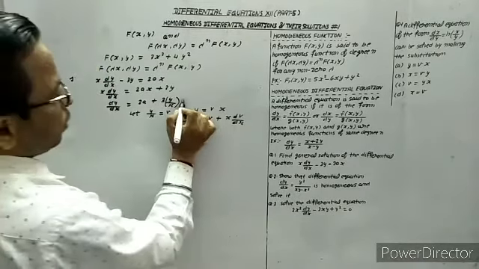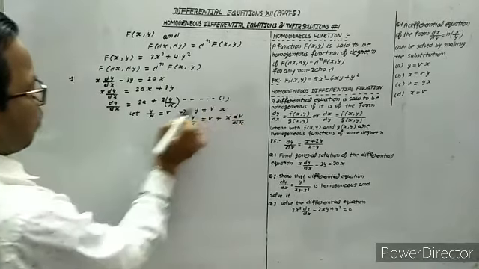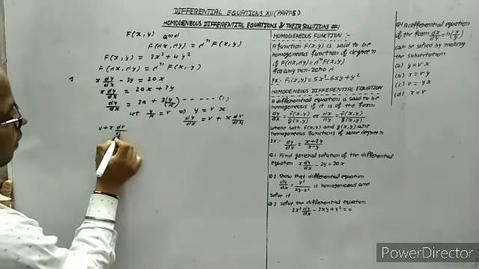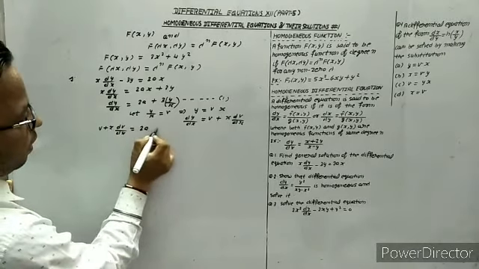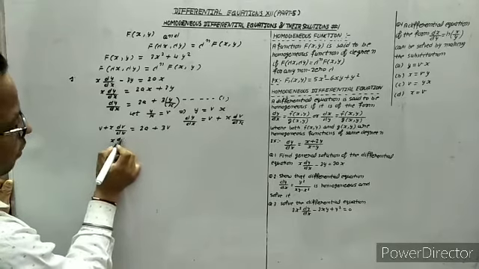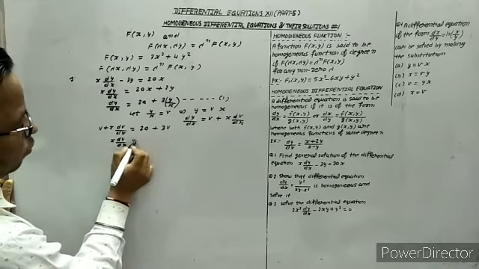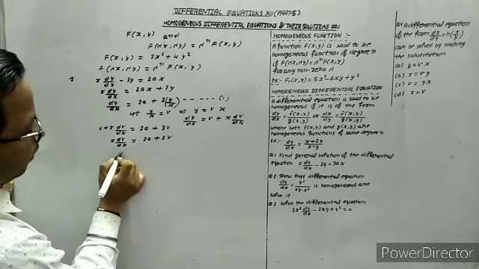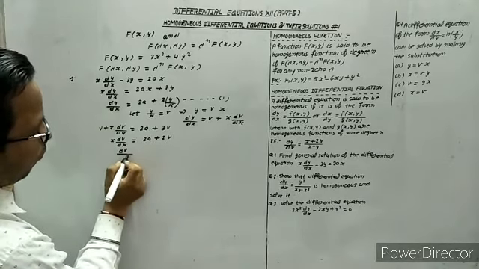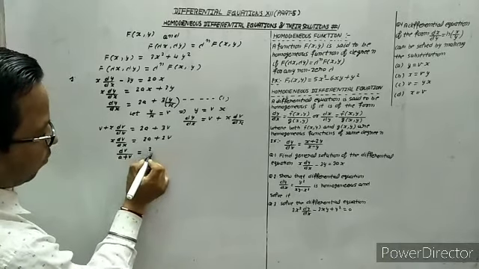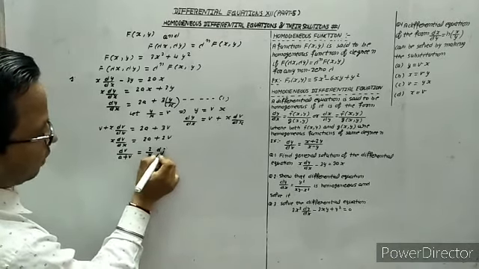Now substitute this value in equation number 1. It means v + x dv/dx = 2a + 3v. It means x dv/dx = 2a + 2v. It means dv/(a + v) = 2/x dx.